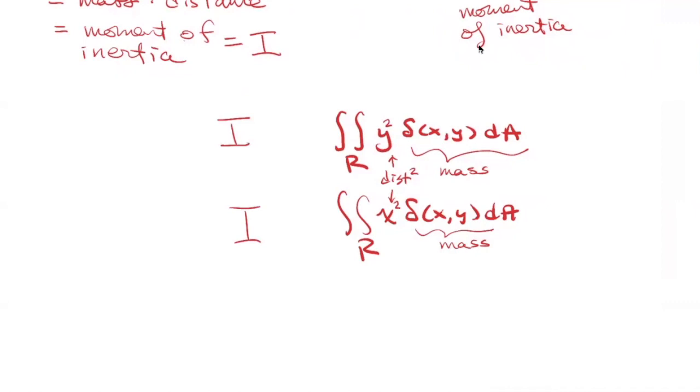But it's always with respect to an axis of rotation. So if you're rotating a mass around the x-axis, then the distance to the x-axis is y from any point.